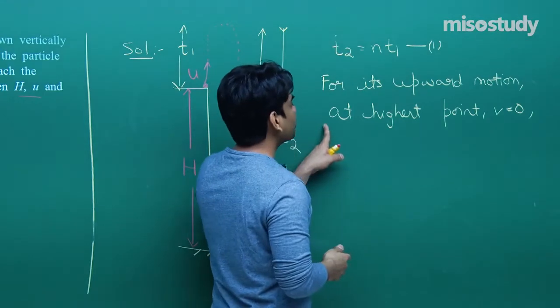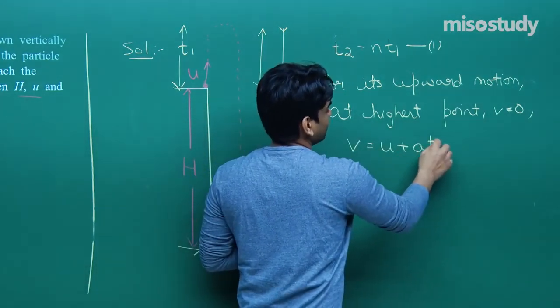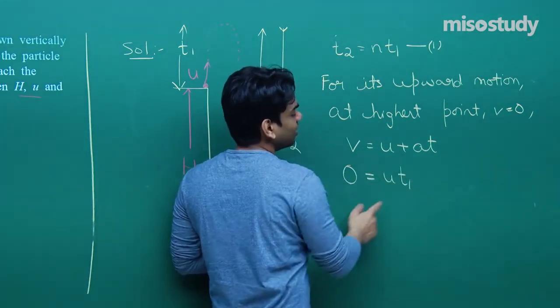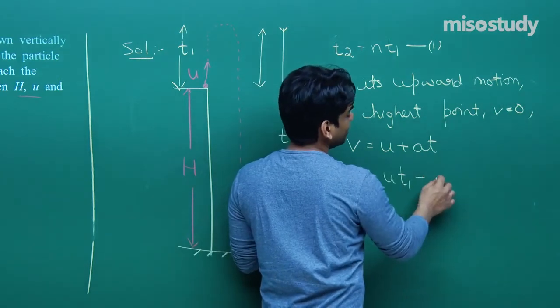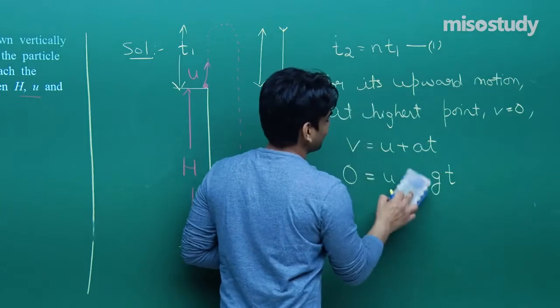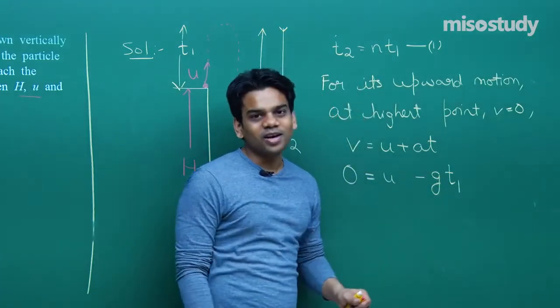Now you see here. So can we use v equals u plus at? v is 0, u is u, time t is t1. Now a is g, that is directed downward, so I am using minus g into t1. Why minus g?